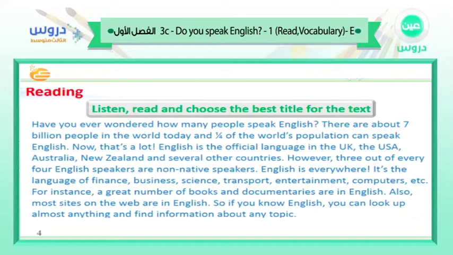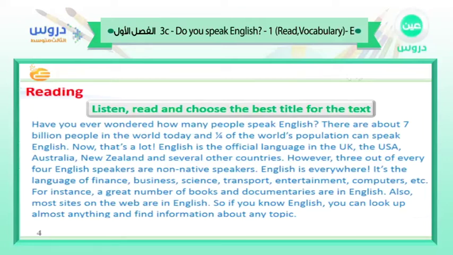Have you ever wondered how many people speak English? There are about 7 billion people in the world today, and a quarter of the world's population can speak English. Now that's a lot. English is the official language in the UK, the USA, Australia, New Zealand, and several other countries. However, 3 out of every 4 English speakers are non-native speakers. English is everywhere.